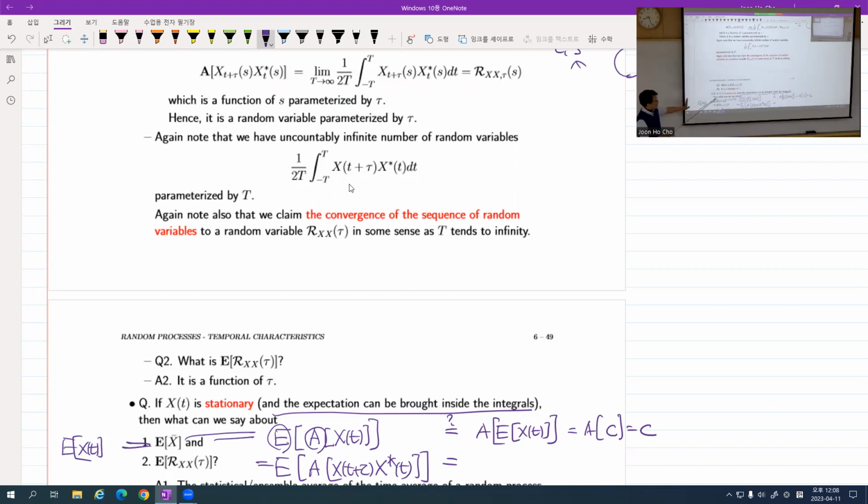In general, they can never be equal because the right-hand side is a number and the left-hand side is a function. They cannot be equal, right? However, if the function is a constant function, we can say it. So a strange thing happens. If we assume that the process is stationary and we can change the order of limit and time average, expectation and time average.